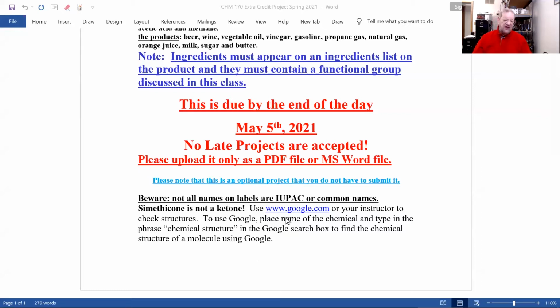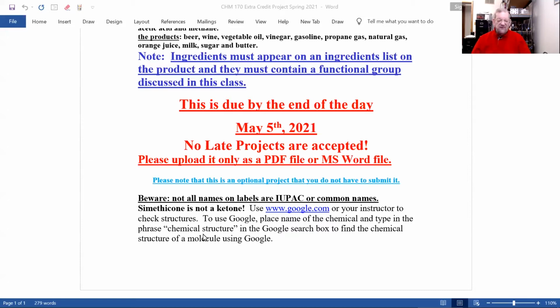Now, in case you're not sure how to do this, use Google or your instructor, and I'll explain that to check structures. To use Google, place the name of the chemical, the ingredient in that product in the box and type afterward the phrase chemical structure.